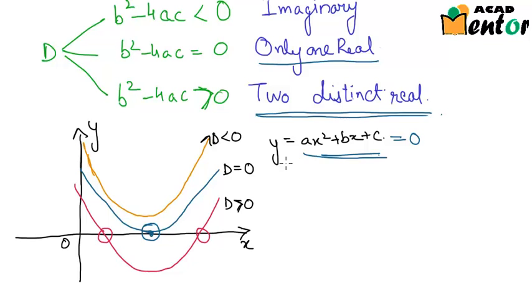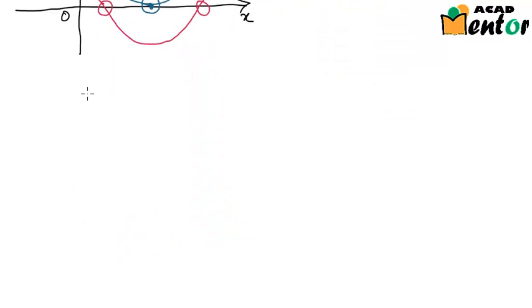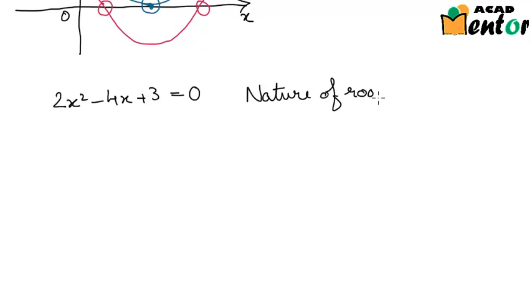So when I give you a quadratic equation, can you find out whether the roots will be imaginary or whether we'll get only one root or we'll get two distinct real roots? Let's look at an example. Say the equation that has been given to us is 2x² - 4x + 3 = 0. We are supposed to find out the nature of roots for this equation.